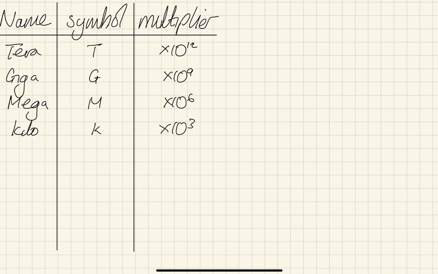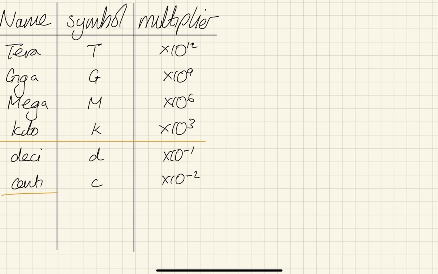Now, the next ones, I'm going to actually put a separate line in orange, and I'll explain why after I finish the table. We have deci, which is a lowercase d, 10 to the minus 1. We have centi, lowercase c, 10 to the minus 2. And that was another orange line.